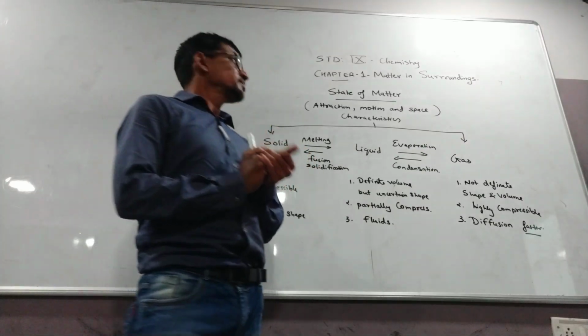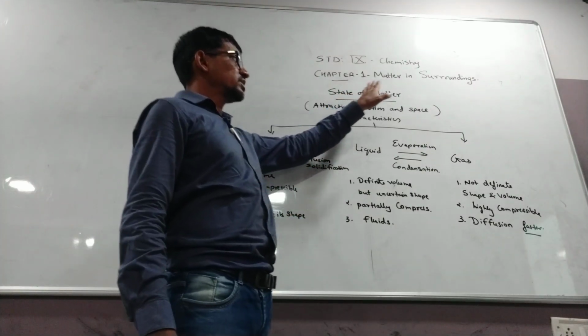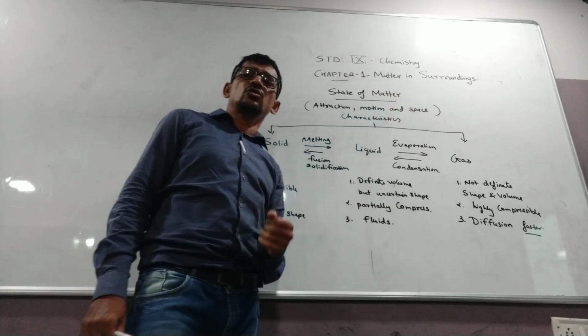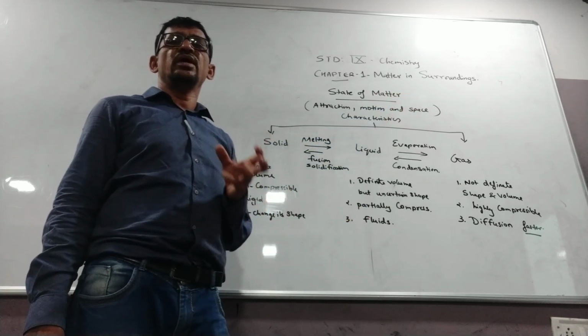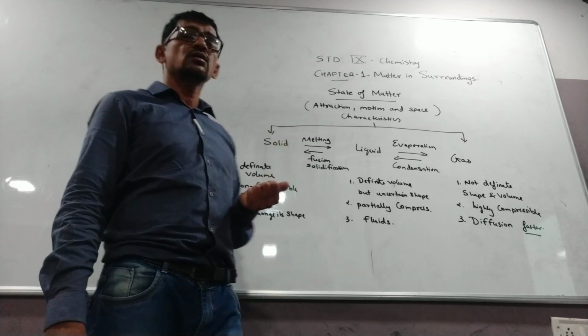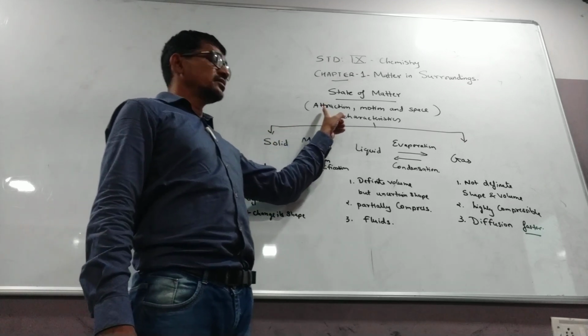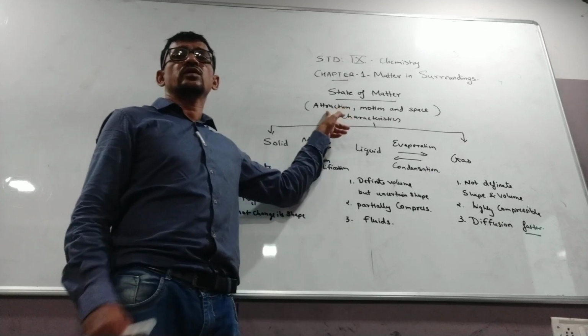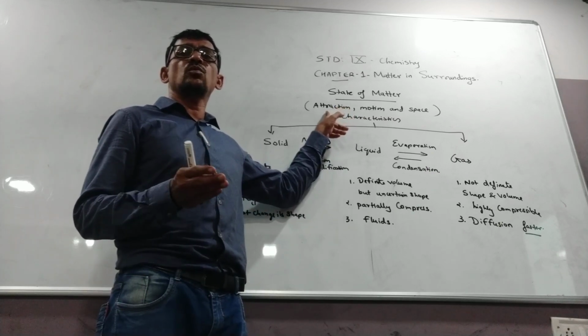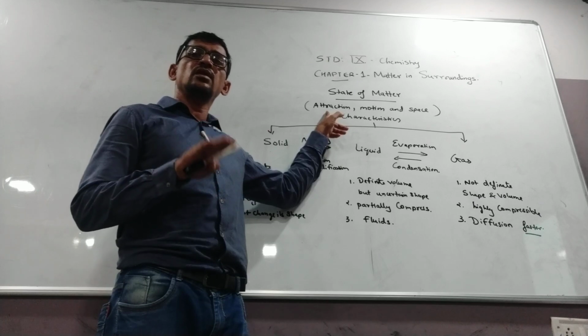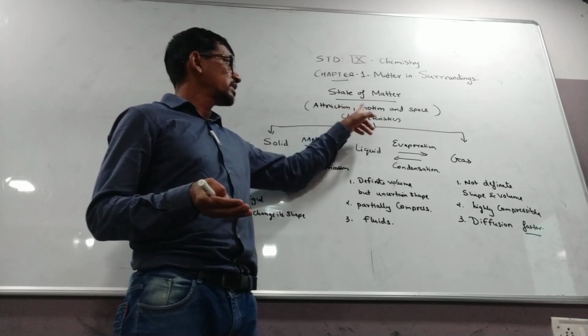Okay, we discuss states of matter. The state of matter depends upon the characteristics of the matter. The first characteristic is attraction between ions or molecules. It may be less or it may be more. Second is motion.